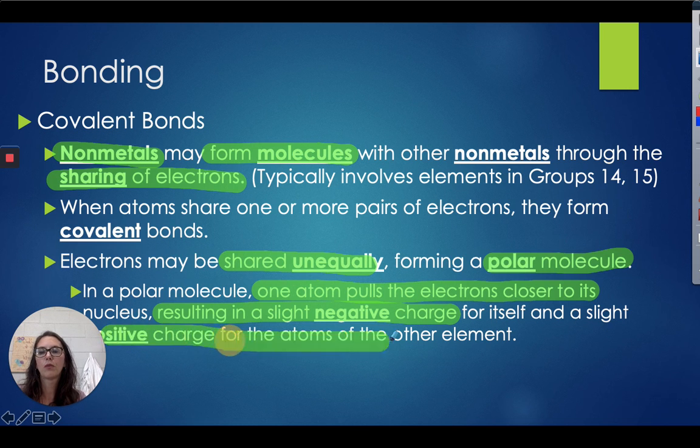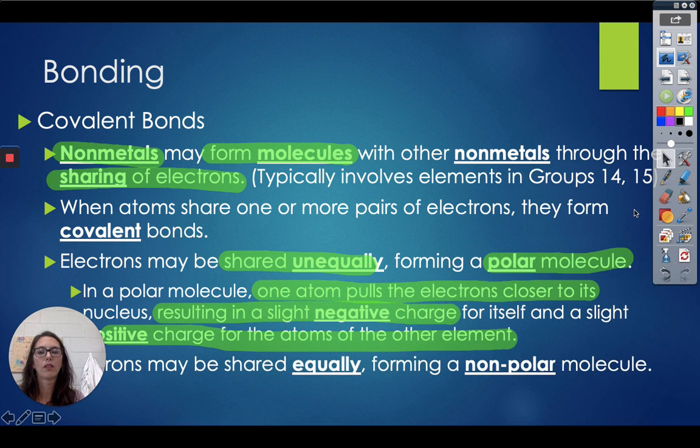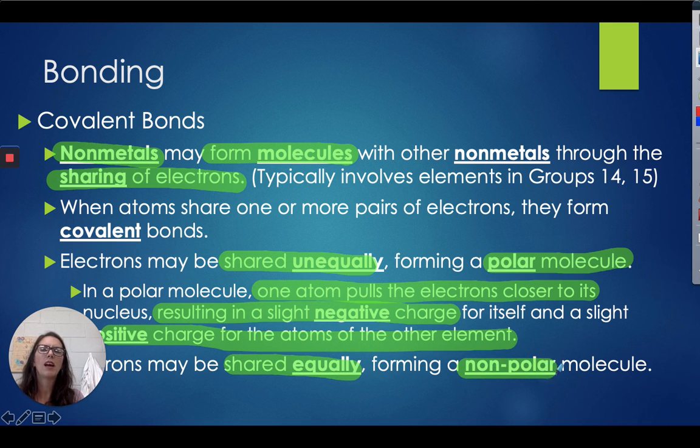So that is polar. Polar is unequal sharing, whereas nonpolar is when you have equal sharing of electrons. So you may want to highlight equal, shared equally is going to be nonpolar. And we'll talk a little bit more about this when we talk about water.